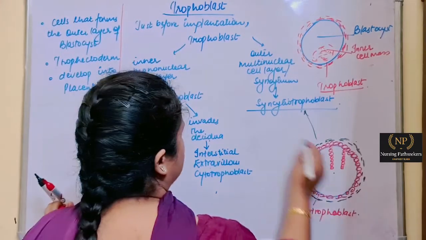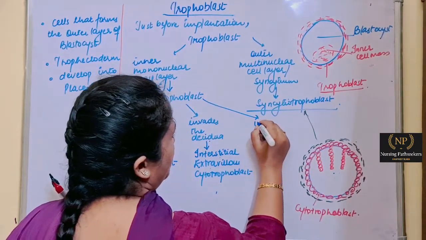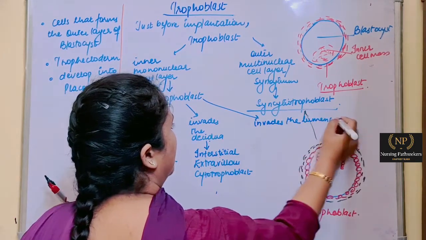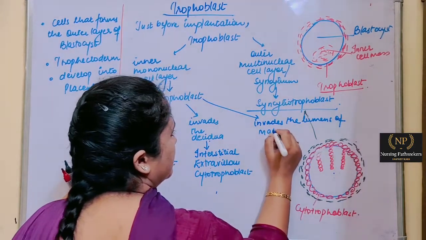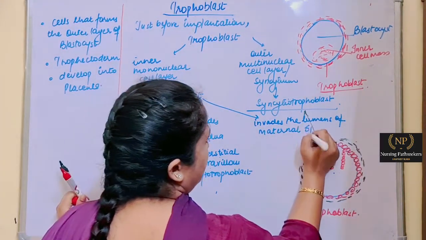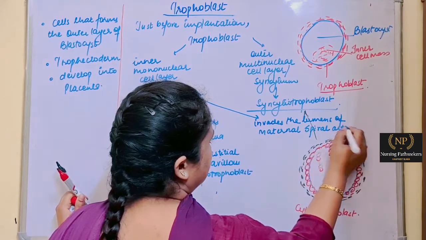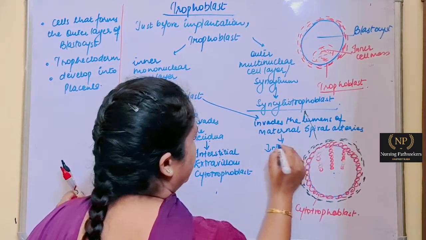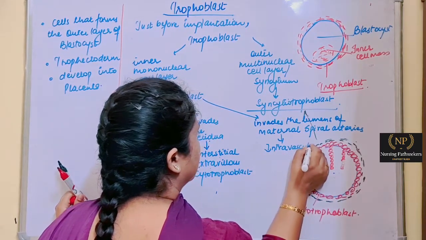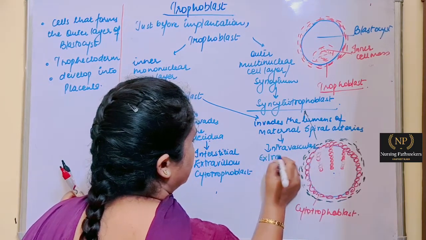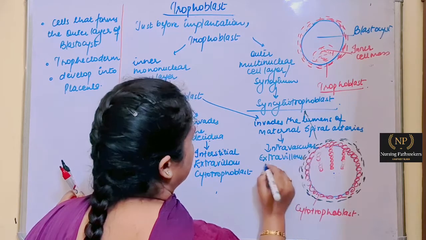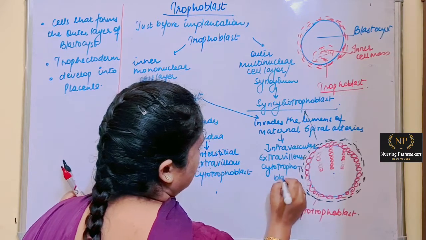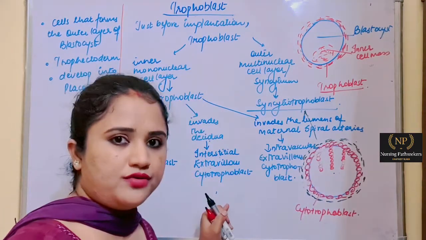And the last one, when it invades the lumens of maternal spiral arteries, is called intravascular extravillus cytotrophoblast. So this is all about trophoblast.